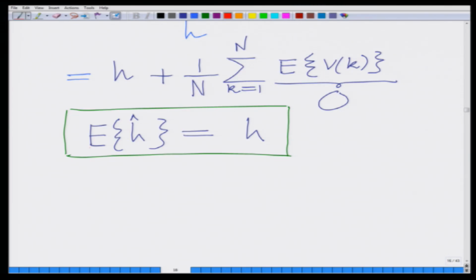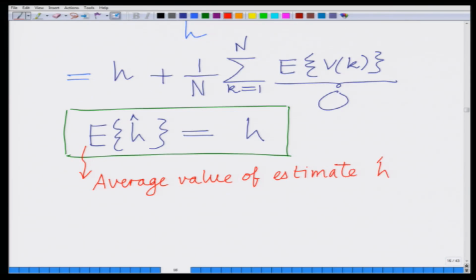What does this signify? This signifies that the average value of the estimate equals the true value of the parameter h.